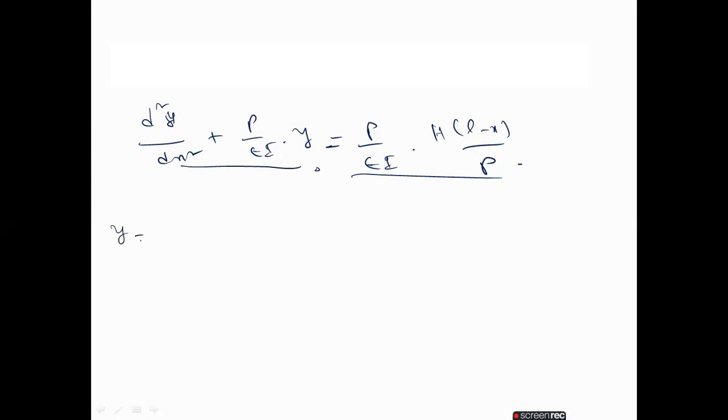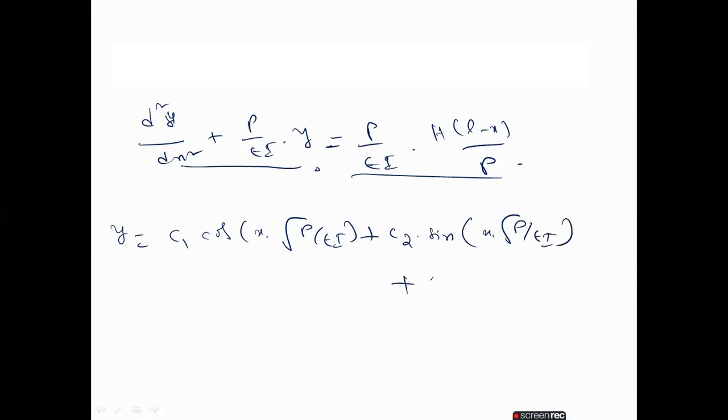The solution for the differential equation is y equal to c1 cos x into square root of P by EI plus c2 sin x into square root of P by EI plus H by P into L minus x. This is the solution, same like whatever we calculated previously.